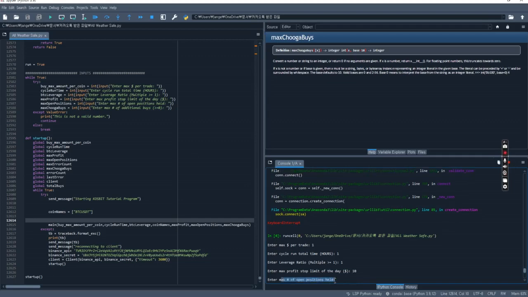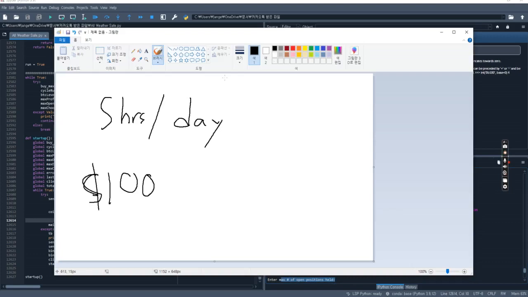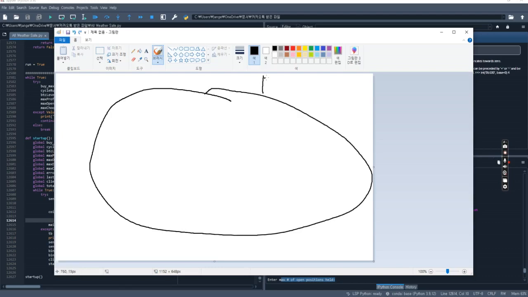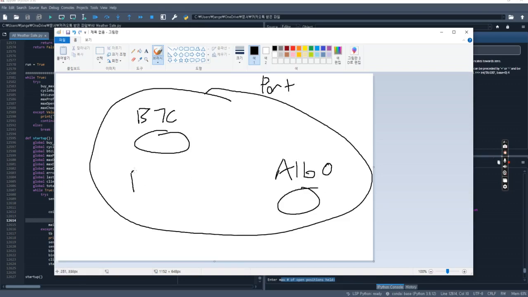Max number of open positions held. Okay, so think of this as your crypto portfolio, and say you have BTC here, and you have like Algo, and you have like DYDX.